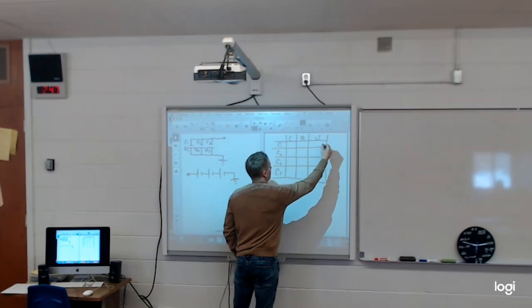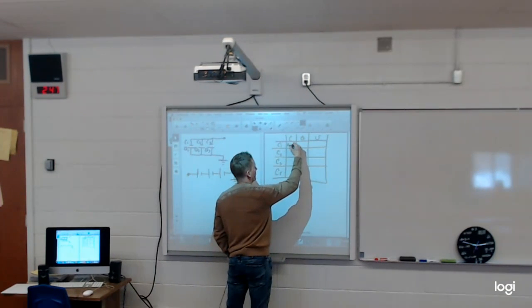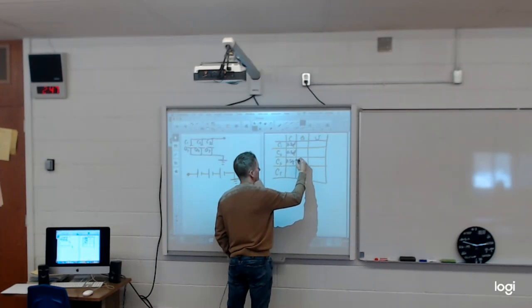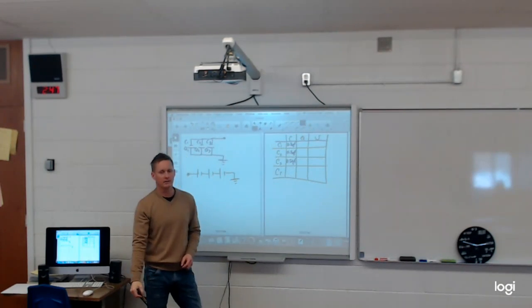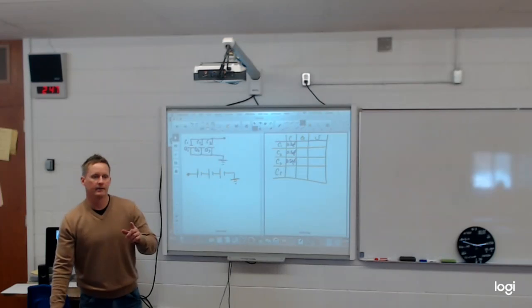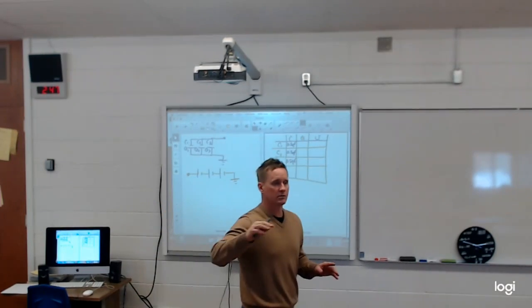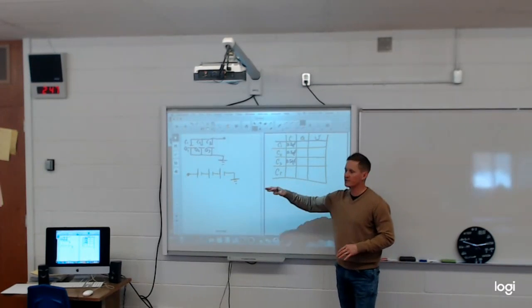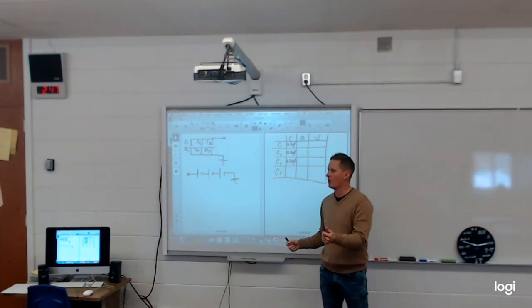My capacitance doesn't change, so I still have 0.2 microfarads, 0.3 microfarads, and 0.5 microfarads. So I've got a second chart. The volts are not the same in this question, except the total is, because I've taken them apart.